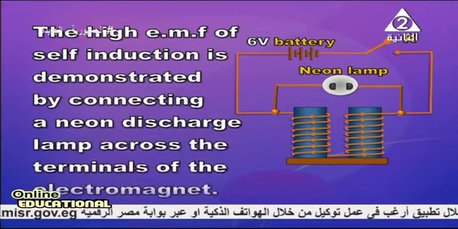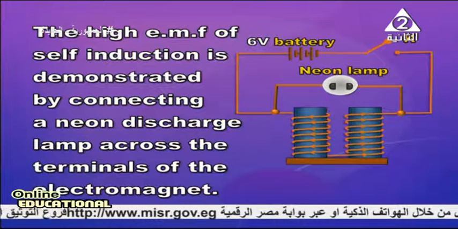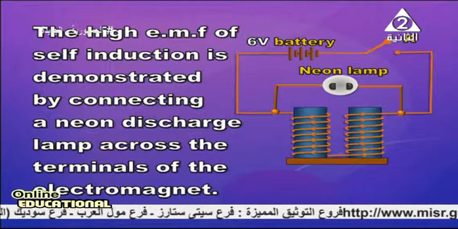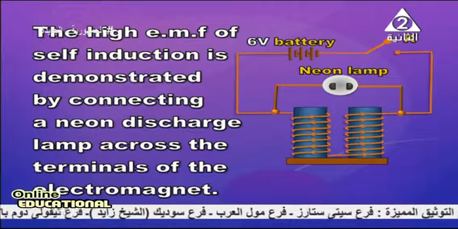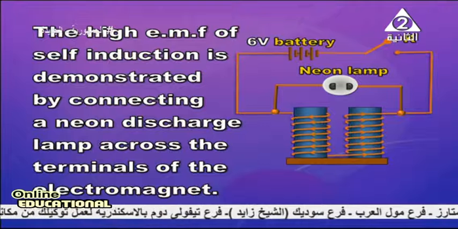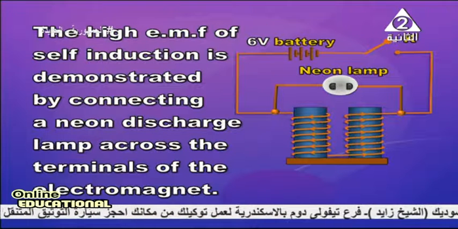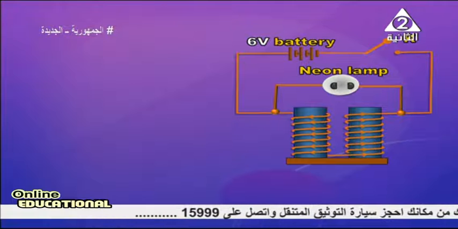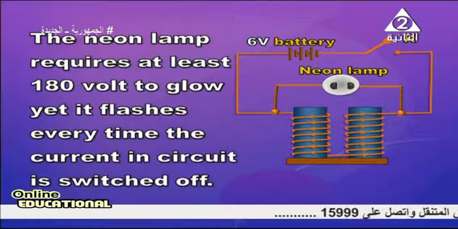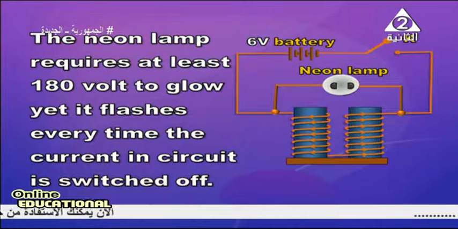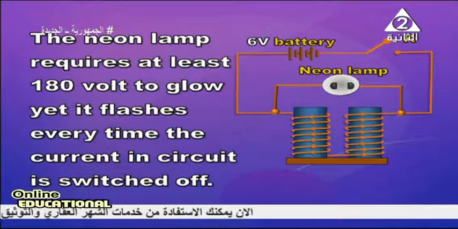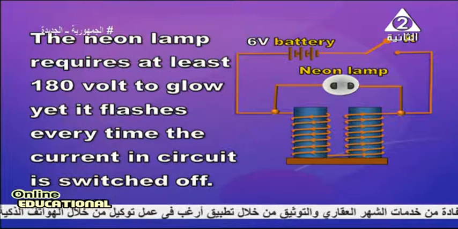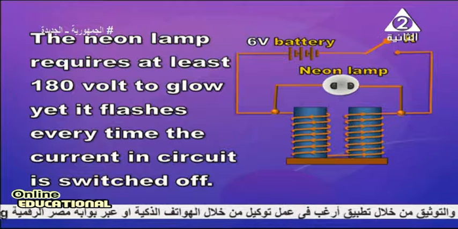So the high EMF of self-induction is demonstrated by connecting a neon discharge lamp across the terminals of the electromagnet. Please note the neon lamp requires at least 180 volt to glow, yet it flashes every time the current in the circuit is switched off.